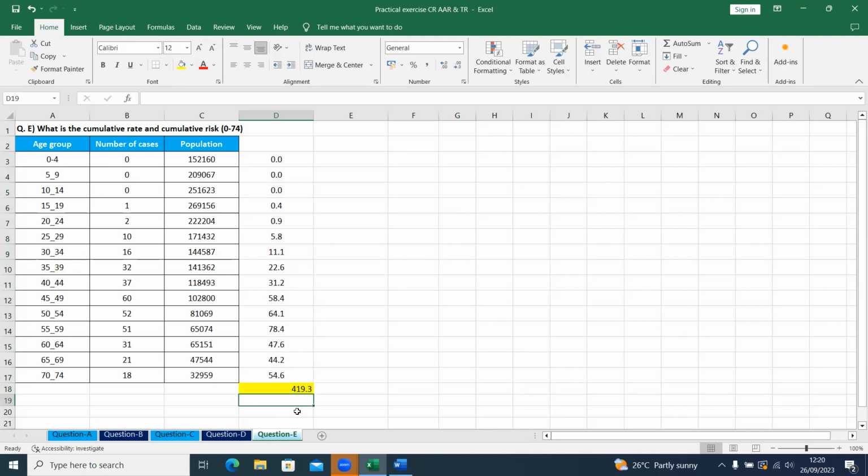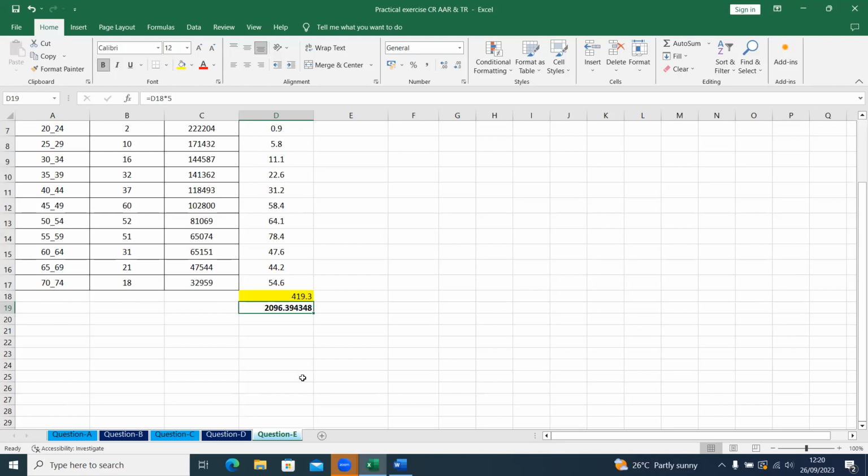Now I will multiply this addition by 5. Our first step was to calculate the age specific rate, then I did the addition of that age specific rate, and multiplied the addition by 5. Are all getting this answer?